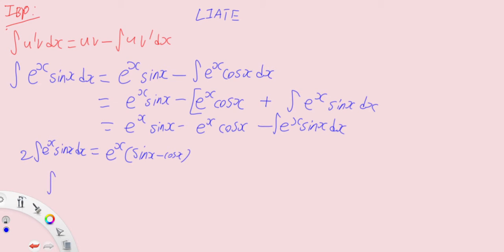And therefore, we achieve this conclusion where the integral of e^x sin x equals half e^x (sin x minus cos x). So there we have it, where we use integration by parts, but instead of obtaining the answer directly at the end, we have to do some manipulation because we obtain the integral that we want in the second part of our integration by parts.